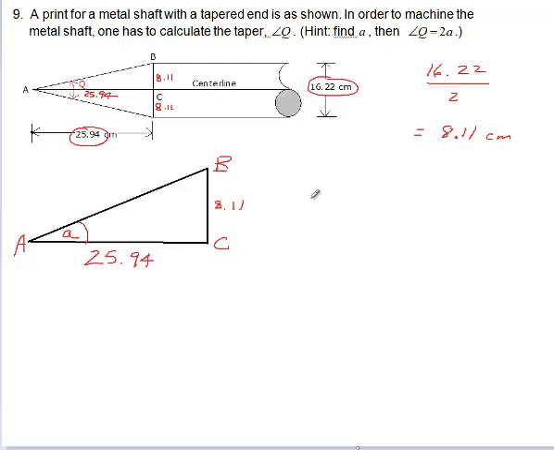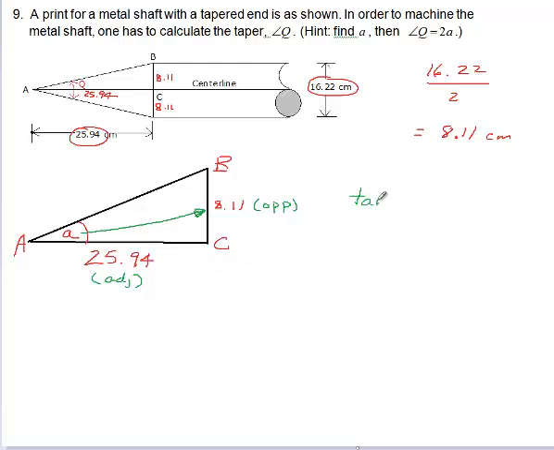Alright, so now let's decide which ratio we're going to use. According to A, this is opposite, and according to A, this side would be adjacent. So we need to use the ratio that involves opposite and adjacent, and that is indeed tan.